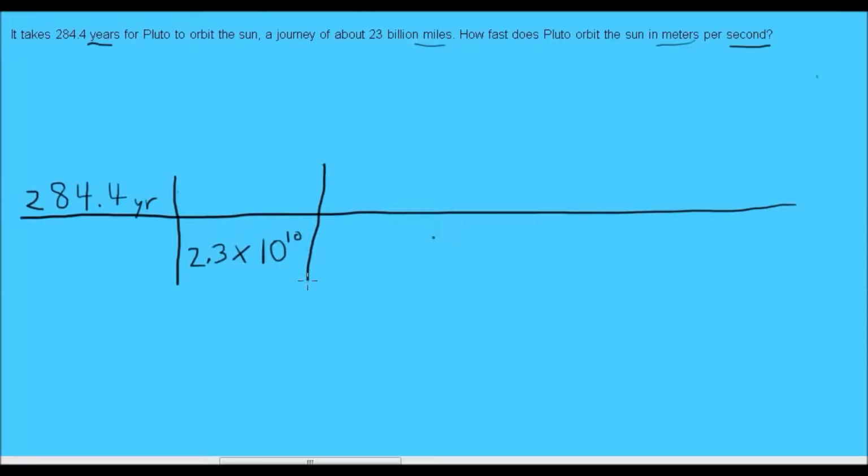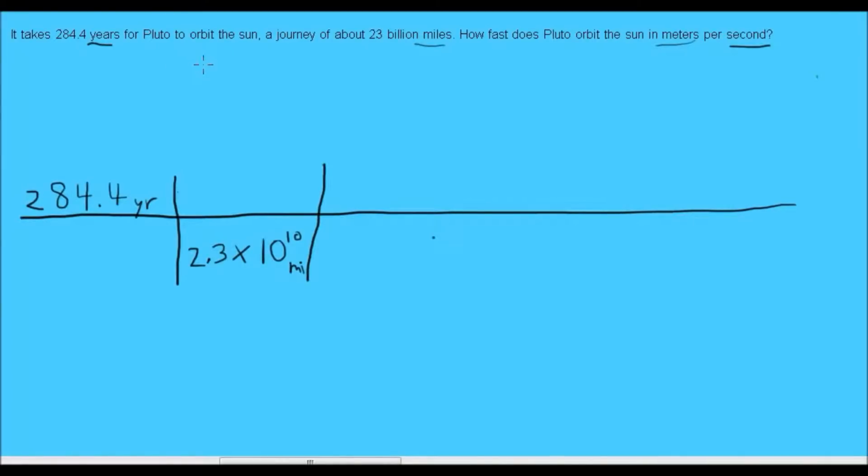miles. Now here's where it gets interesting. First we're going to try to convert the years into some other unit of time. Oh wait, miles. I'll put an MI for miles down here. Alright, now first we're going to try to convert the years into some reasonable things. So now in a year, here's a trick of making conversions to different units of measure.